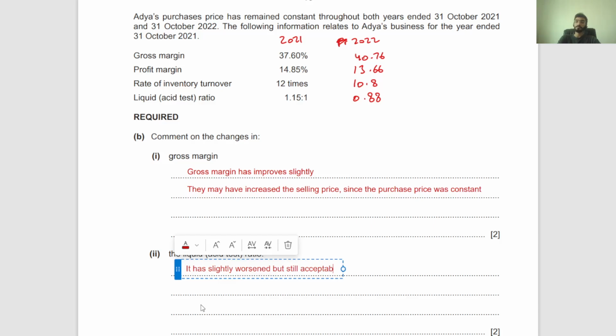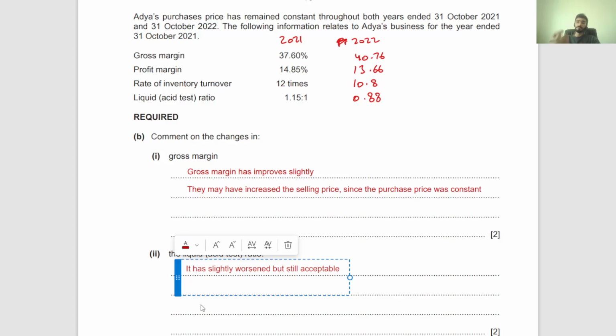It's not too bad. A 0.88 quick ratio is not too bad, actually, because we're not including inventory, we're ignoring that. So it's slightly worsened compared to last year, but it is still acceptable. You can say last year's was maybe a bit too much, because up to 1:1 is good enough for a liquid ratio. So it has slightly worsened or gone down, but is still acceptable.